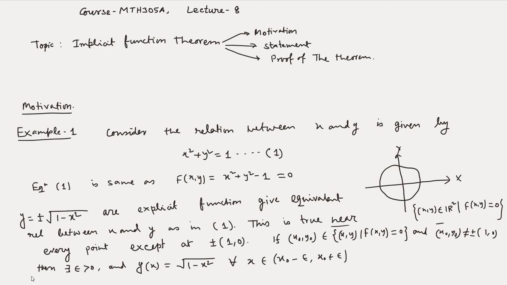Here we are considering y naught greater than 0. Suppose this is the point x naught comma y naught, where y naught is greater than 0, and here it is x naught.